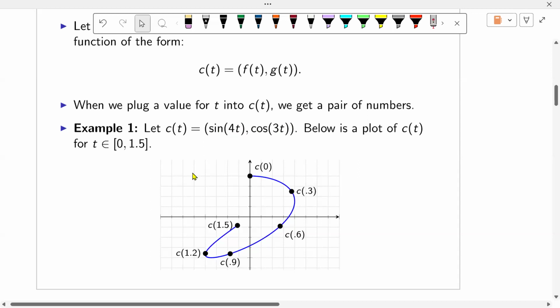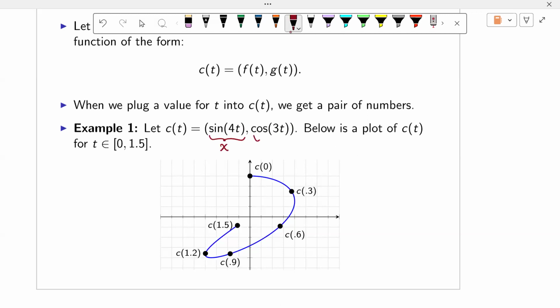If we want to display this parametric equation, what we do is plug in different values of t, and what we get out are different x and y coordinates.